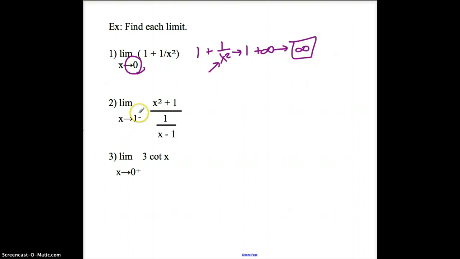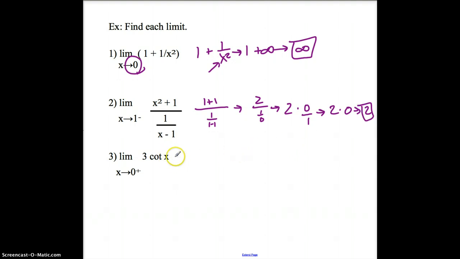Let's try this one. Direct substitution, plug 1 in. So on the top we've got 1 plus 1, all divided by 1 over 1 minus 1. So we have 2 over 1 over 0. Dividing is the same as multiplying by the reciprocal. 2 times 0. So that's 2.